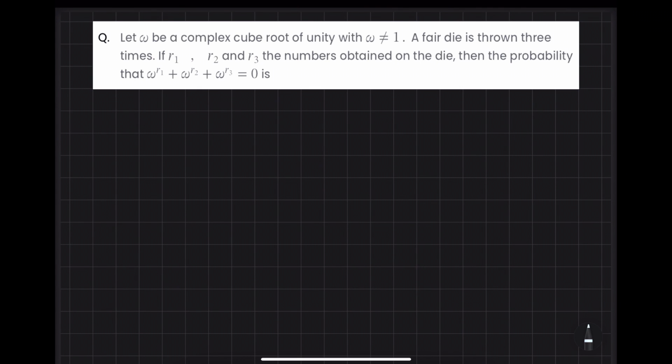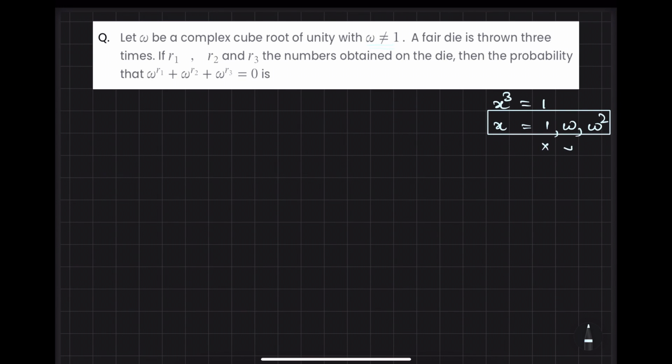So, we got a wholesome new problem which says: let omega be a complex cube root of unity, omega not equal to 1. Do you remember that in complex numbers we have studied the concept x cube equals 1, and the roots of x were 1, omega, omega square? These are the three roots, and they are saying that omega is not equal to 1.